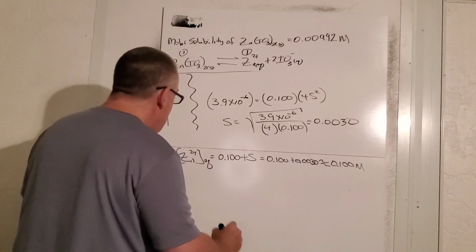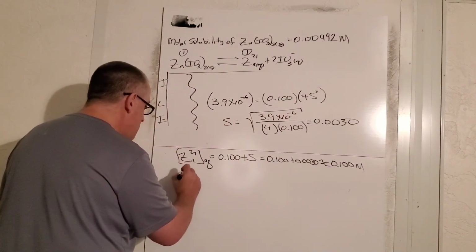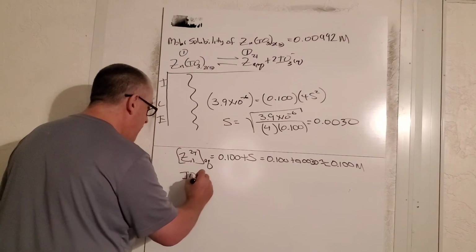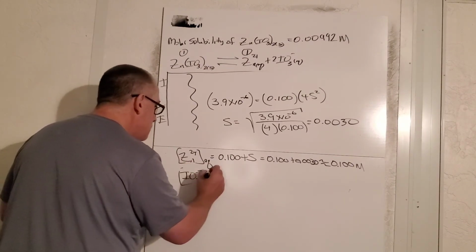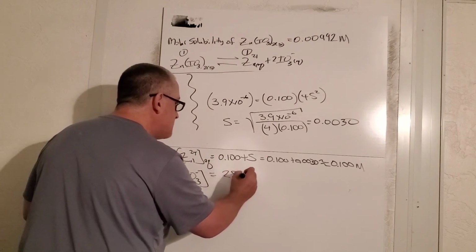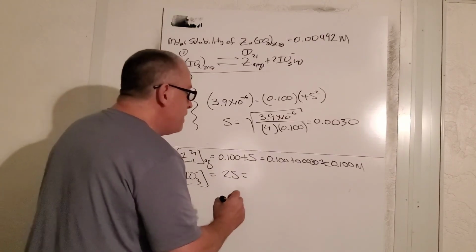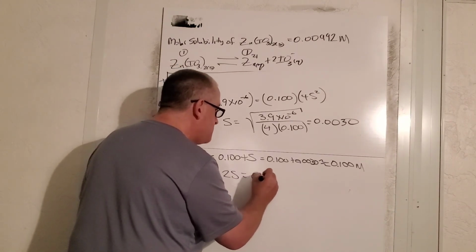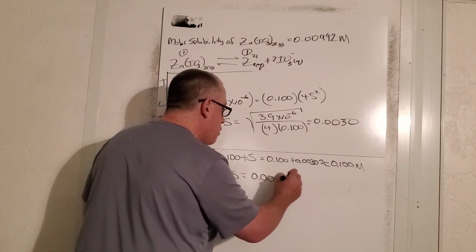And the concentration of the iodate ion was equal to 2S, and that's going to be equal to 0.0060 molarity.